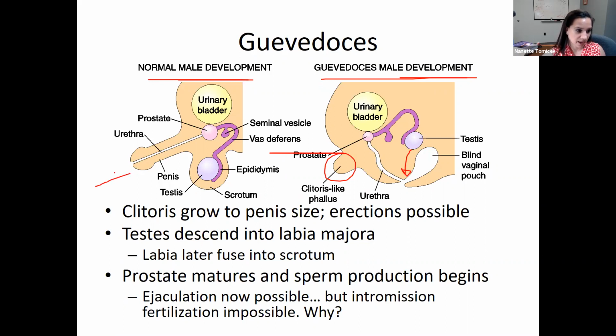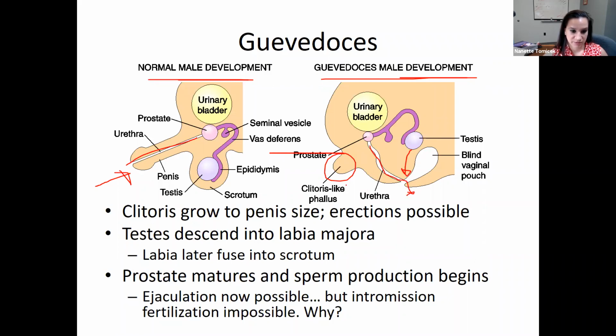However, they have a little bit of a problem with reproduction if we're going to do it the old-fashioned way. In the normal route of formation of the urethra within the penis, the ejaculate leaves the penis and enters the vagina, and we'll be able to do fertilization there with sperm being released. Whenever a person with huevodosis ejaculates, the fluid's moving in the wrong direction.